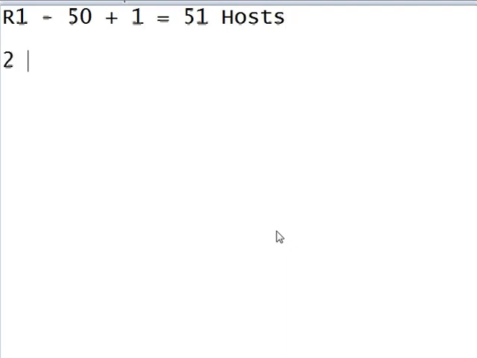Now we will be using this particular formula, 2 to the power n, which is greater than or equal to 51. The power n is actually the block size.